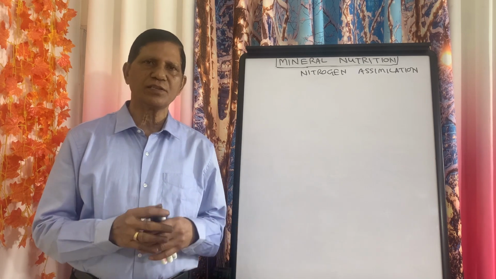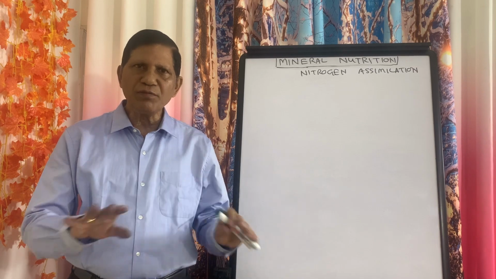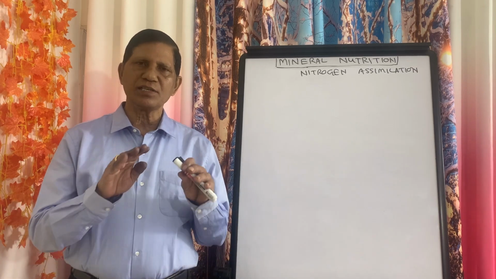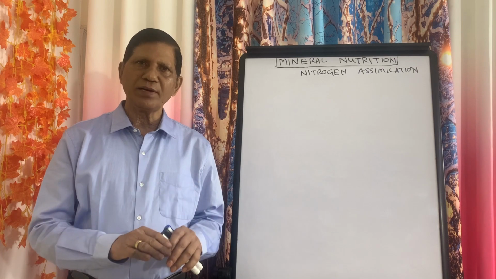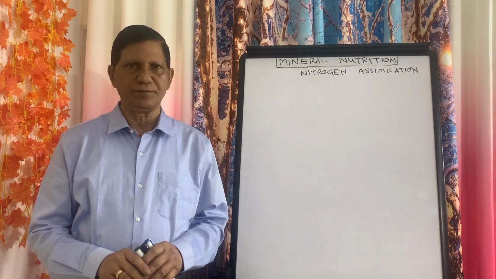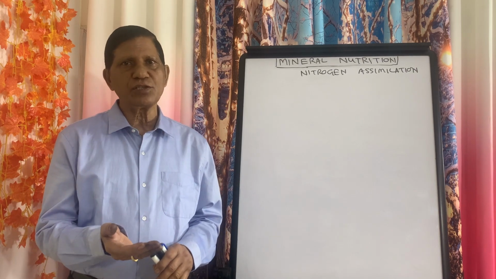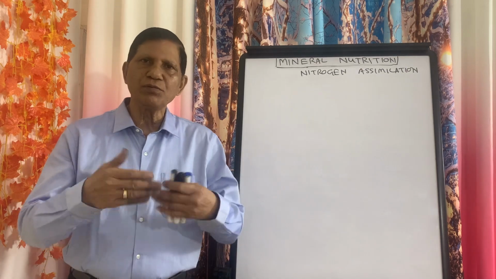That also we have discussed in the nitrogen cycle. But all these usable forms of nitrogen, that is ammonia or ammonium ions or nitrite or nitrate, are present in the soil. But we have to discuss how that nitrogen is assimilated by the plant body, how the plant body utilizes it.